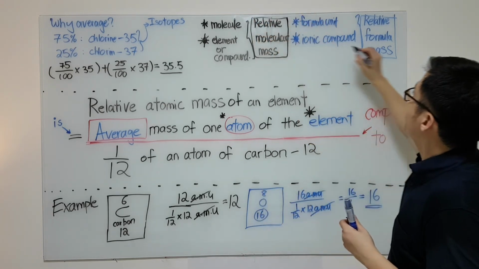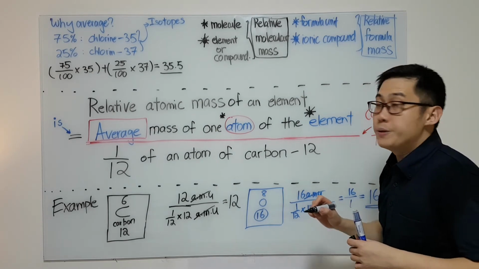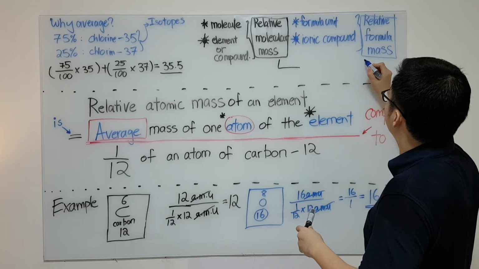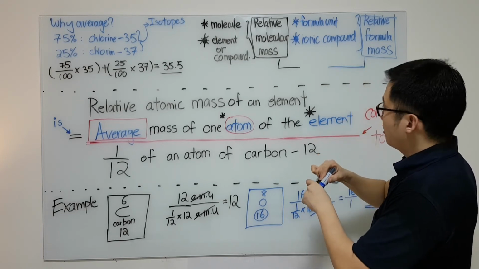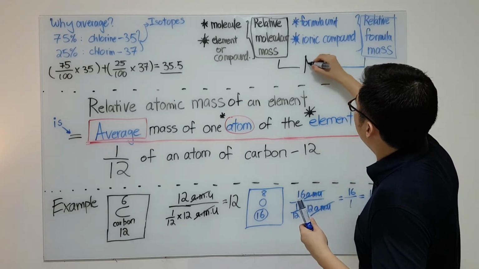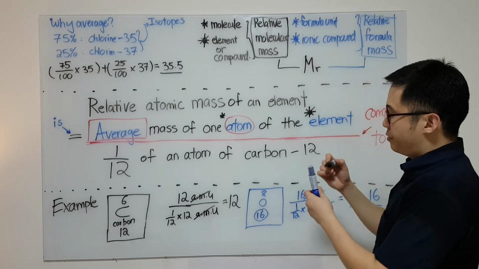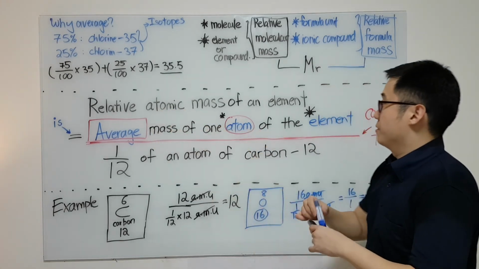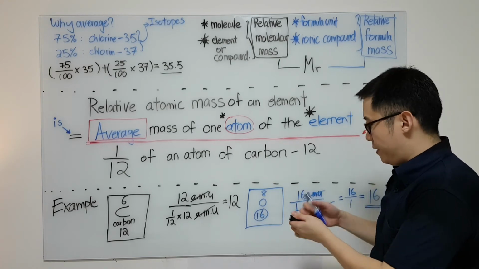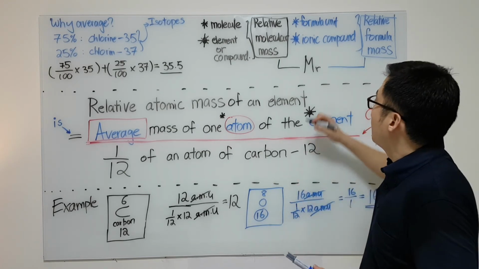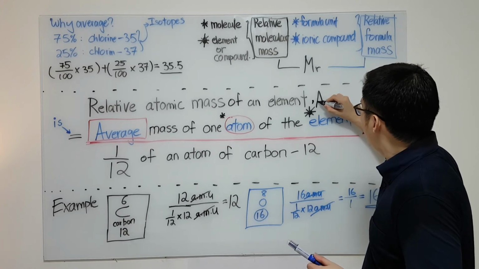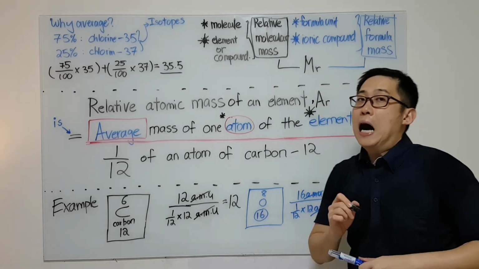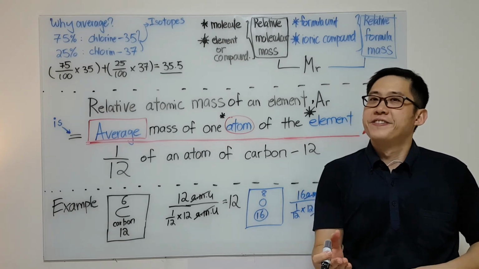These two terms, students, are both represented by the term Mr. The relative atomic mass of an element, however, is represented by the symbol Ar. The little subscript r represents relative.